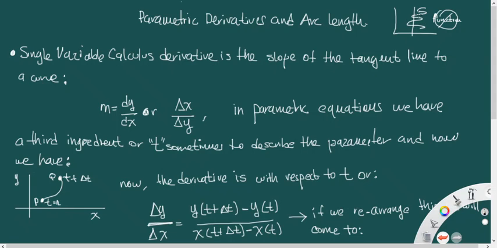Maybe it could be time or other variable, just to describe the position of the coordinate pair of x and y in relation to a third variable t. In this case, t could be time.